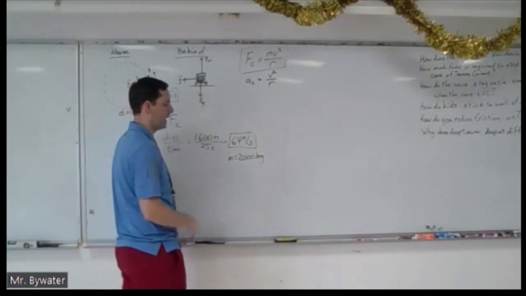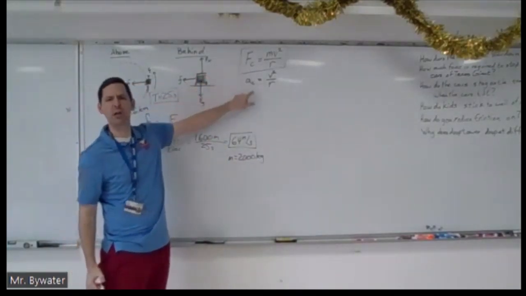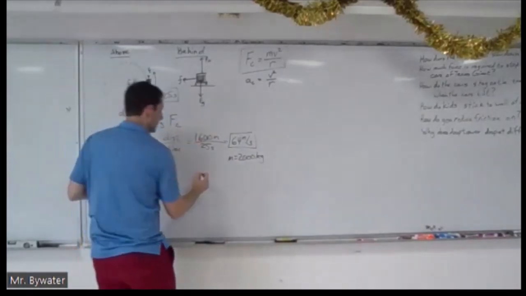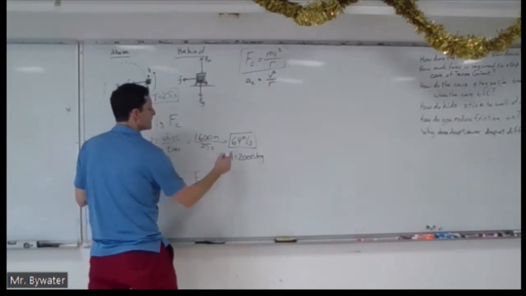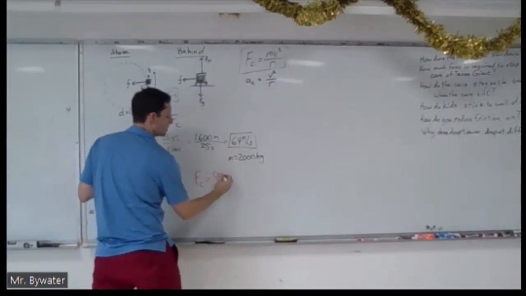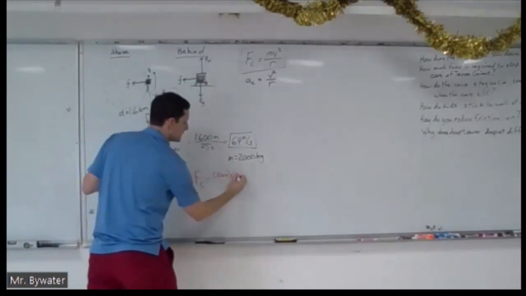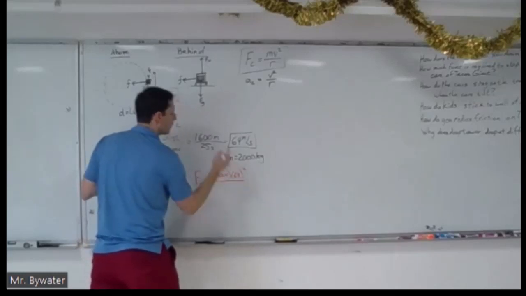So let's go ahead and put that all together and calculate the centripetal force. We could get the centripetal acceleration, but I'm not going to worry about that right now. So we are going to get centripetal force. So centripetal force equals the mass, which is 2,000, times the velocity, which we just found was 64 meters per second, v squared over r.